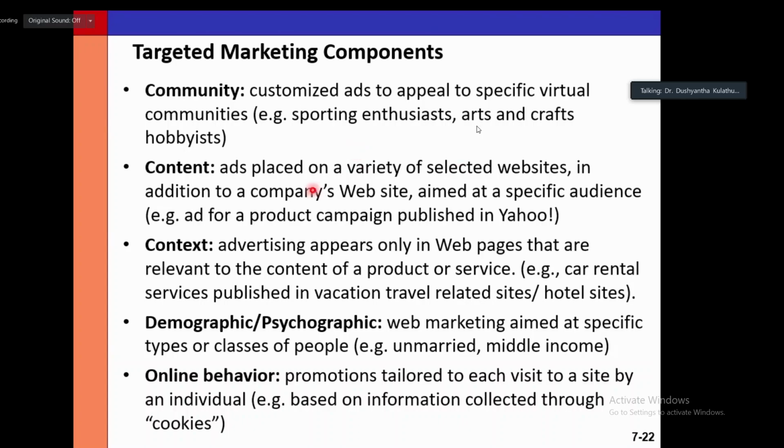Now you are basically focusing on a general website. Now, ads placed on a variety of selected websites in addition to a company aimed at a specific. Yeah. Now you focus on a general website basically, and they are usually the most popular websites where more and more customers visit on a regular basis, on a daily basis.